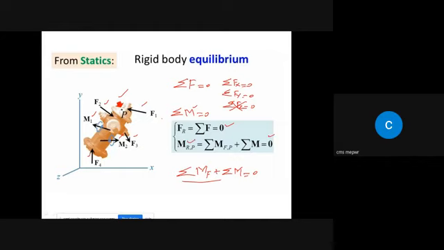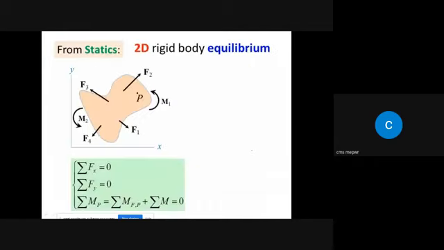And this moment again includes the moment due to applied forces and the externally applied couples. The summation of all should be equal to 0. If these two conditions are satisfied, then the rigid body will be in equilibrium.